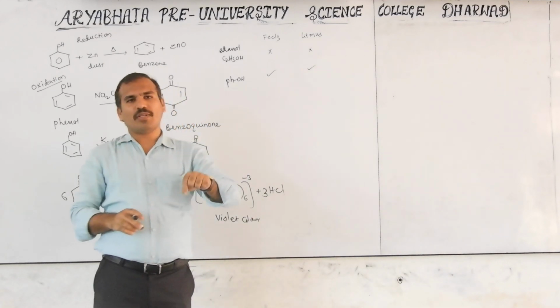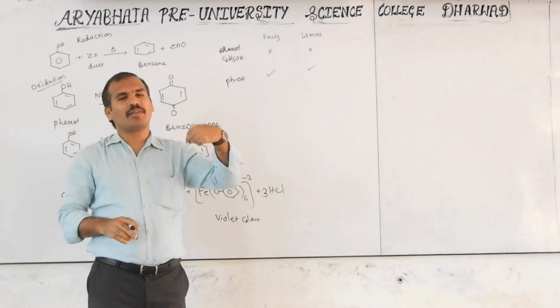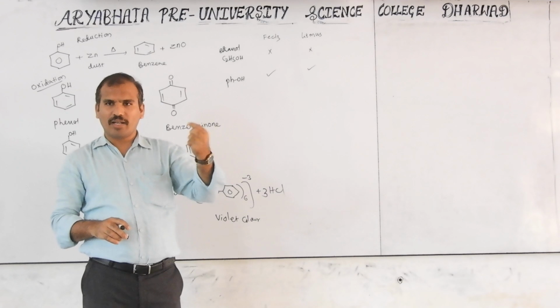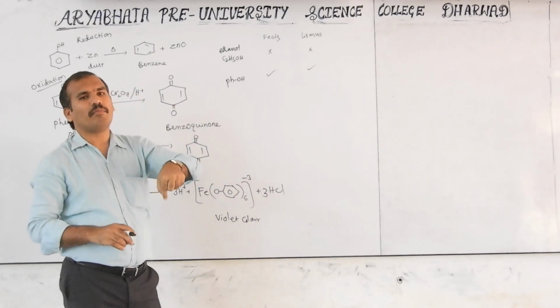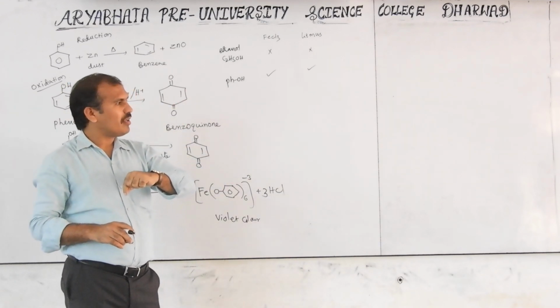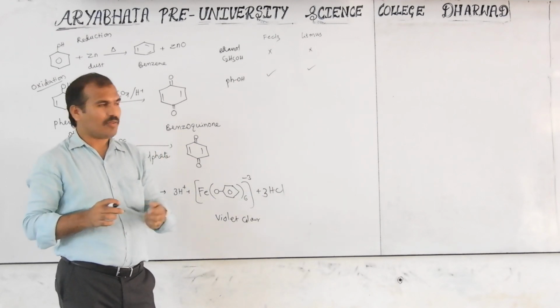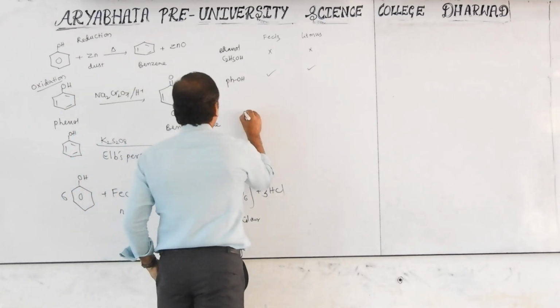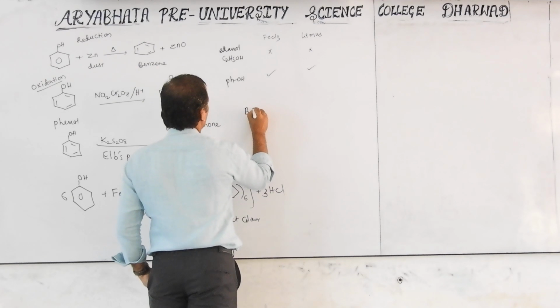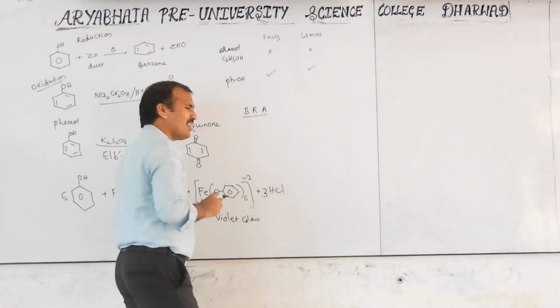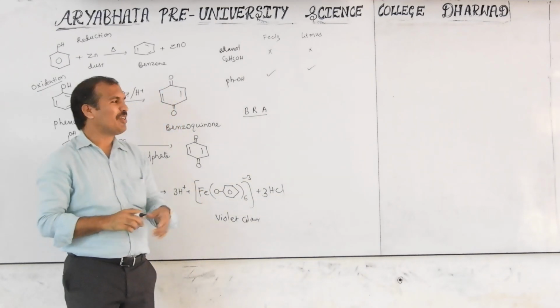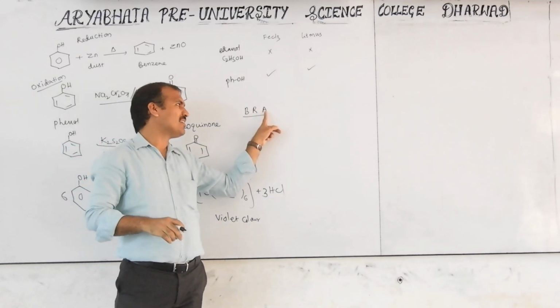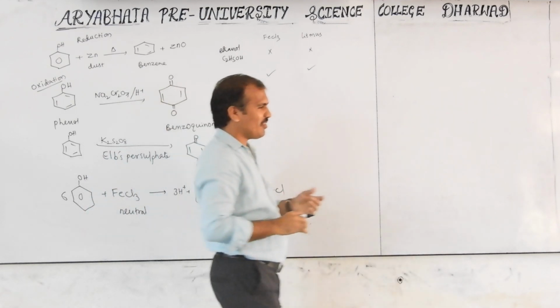Take the blue litmus, dip into the acid, then it converts to red. Red litmus, dip into the base, then it converts to blue. Reverse. Otherwise, remember like this also: blue litmus converts to red, acid. Don't think differently, this is the broad type. This is one of the key tests.